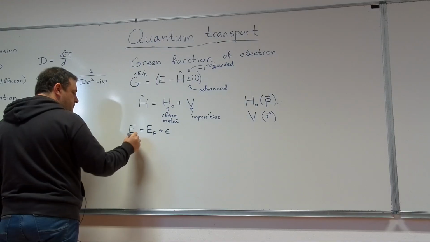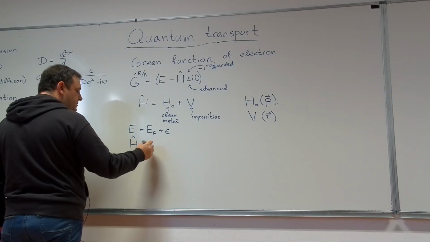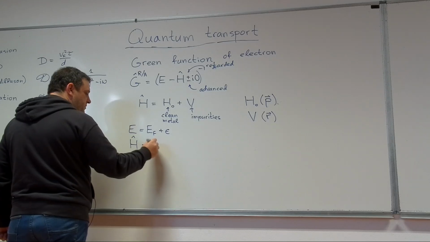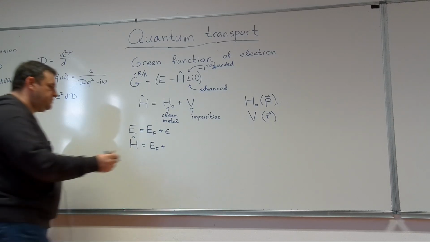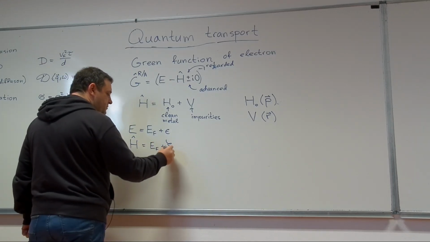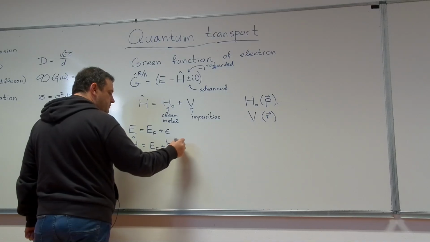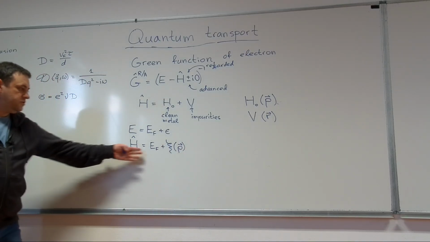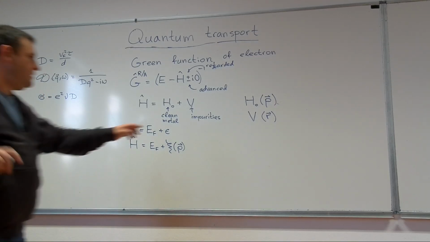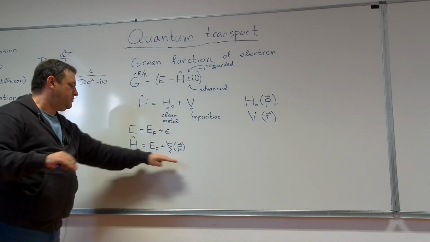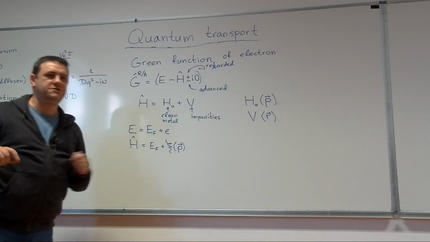We will say that Hamiltonian is Fermi energy plus a deviation, and this deviation has a standard name. It's called psi of p. It's still a function of p. We just subtracted a constant. And Hamiltonian counted from the Fermi energy is usually denoted psi of p.